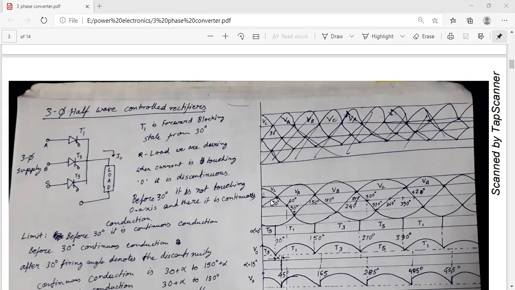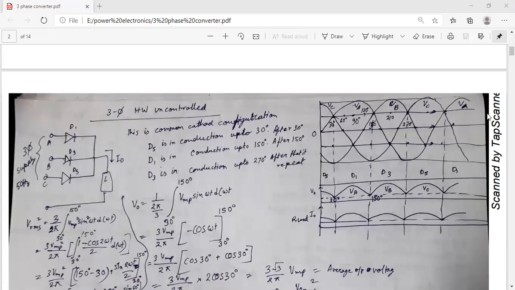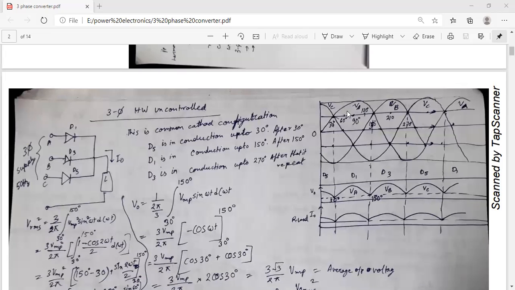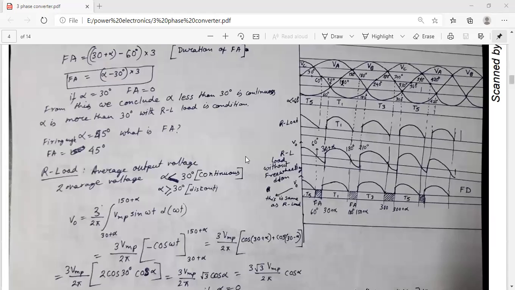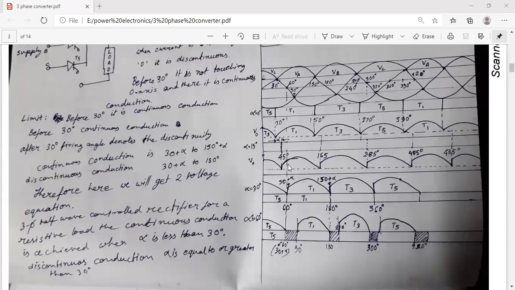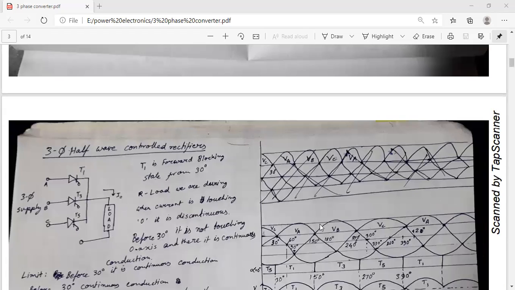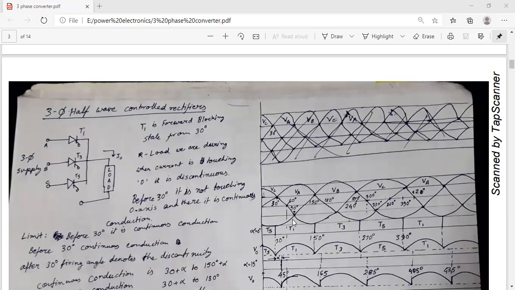In the previous class, we have studied how to draw the phasor diagram for these cases. Similarly, in this case also, the phasor diagrams are drawn the same way, and it is a controlled rectifier.